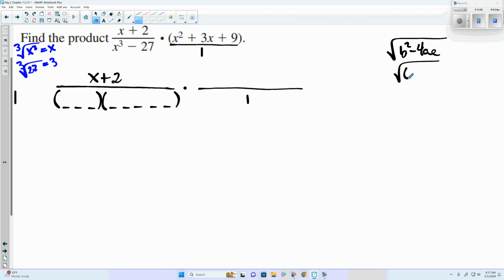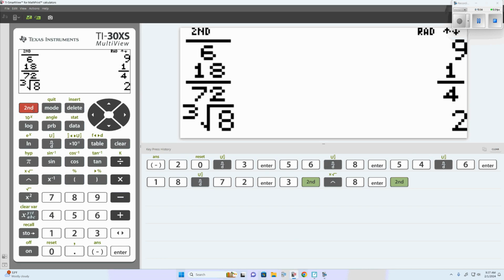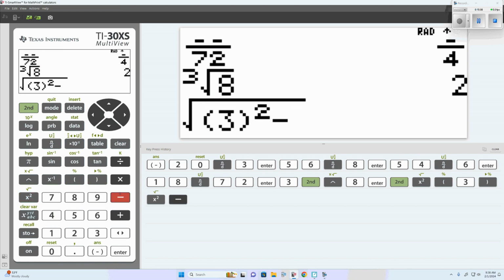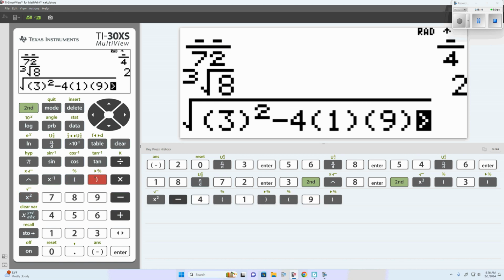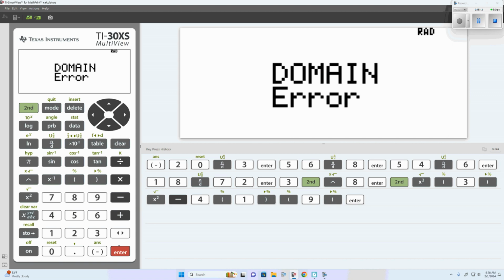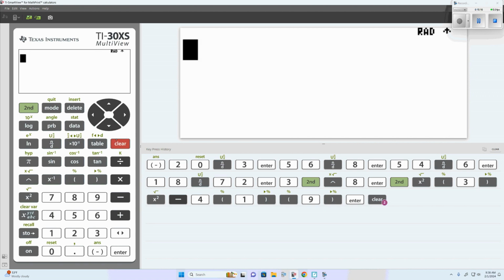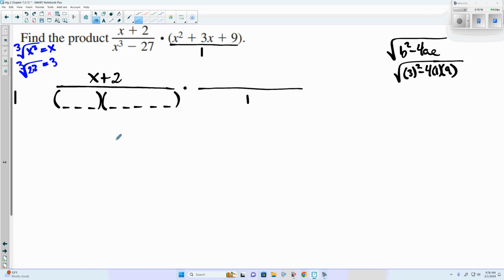For this here, b is 3, a is 1, and c is positive 9. So 3 squared minus 4 times 1 times 9. If it gives us a domain error, it means that thing's not factorable.